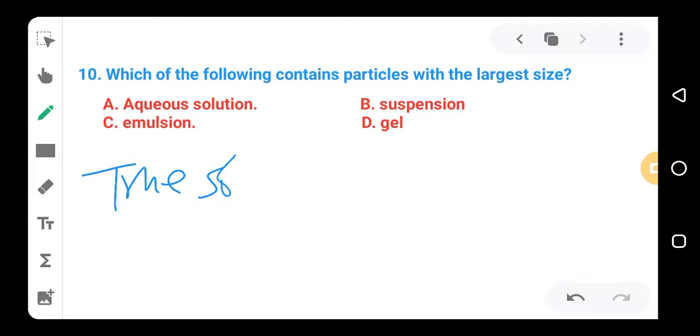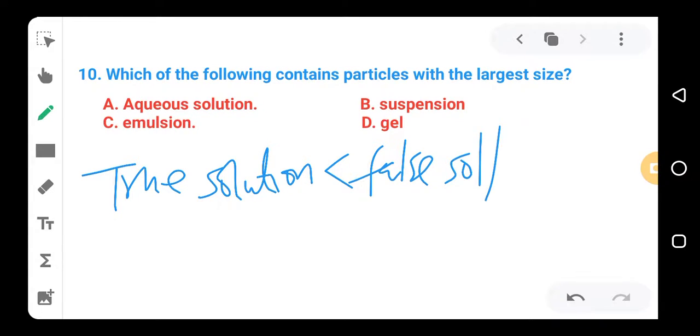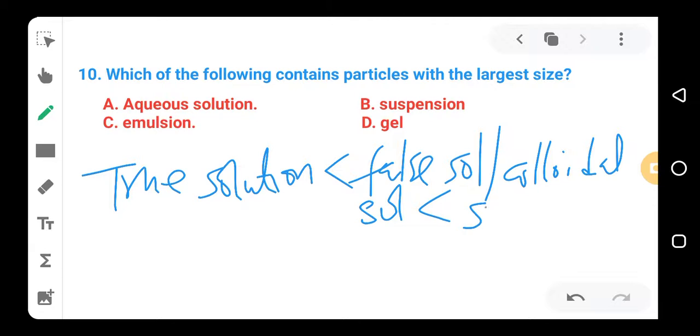True solution has smaller particles than false solution. False solution may also be called colloidal solution. Then, colloidal solution or false solution has smaller particles than suspension. Suspension has the highest or the largest size of particles.